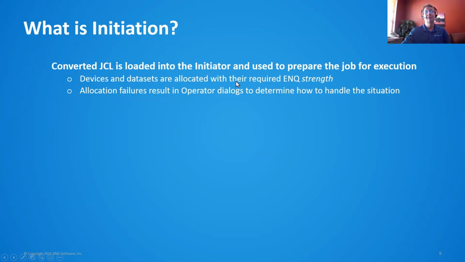So the job attempts to allocate all those data sets. And when it can't get all those data sets, you have an allocation failure that results in an operator dialogue to determine what they should do with that situation, which usually means maybe canceling a job or something like that.